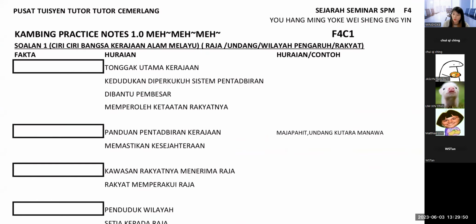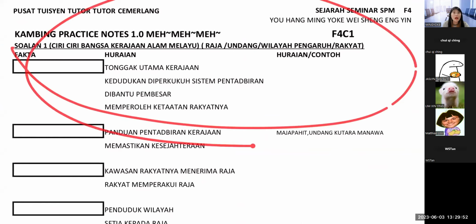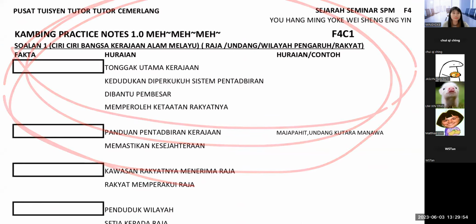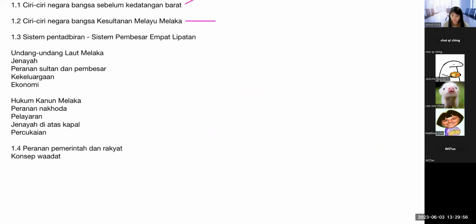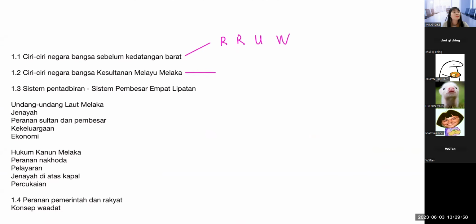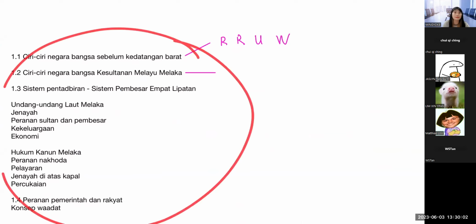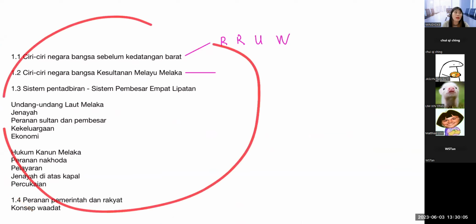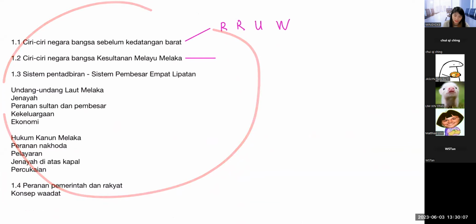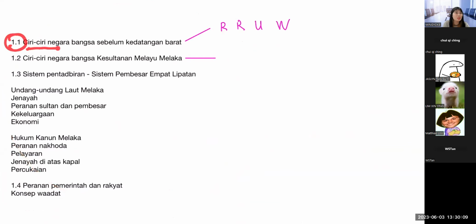Okay, so first of all, before I go into page 1, we go to ciri-ciri negara bangsa. For chapter 1, what is important is, first you must know 1.1 ciri-ciri negara bangsa sebelum kedatangan Barat.